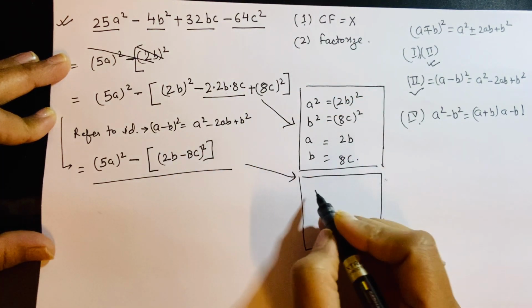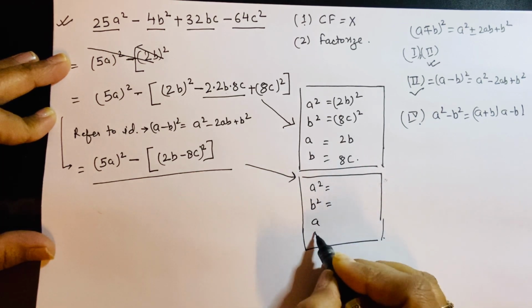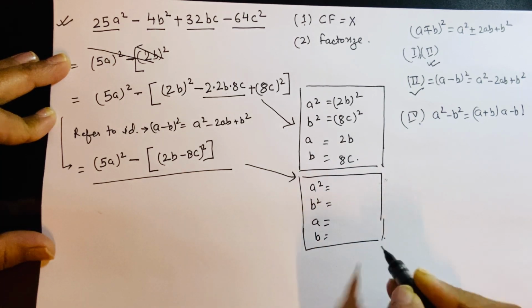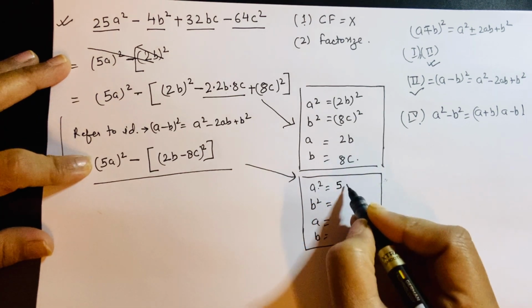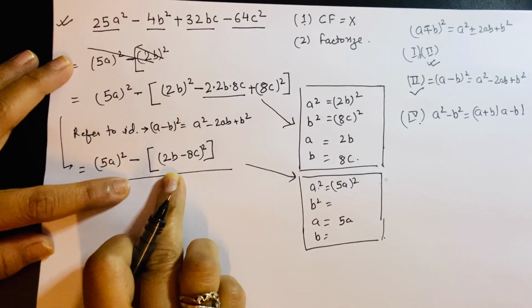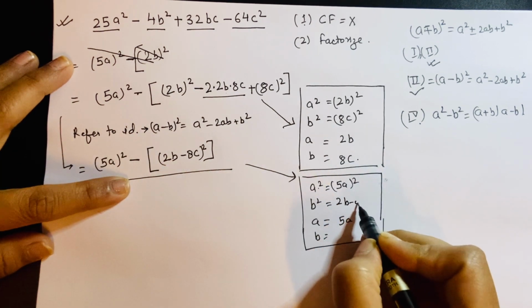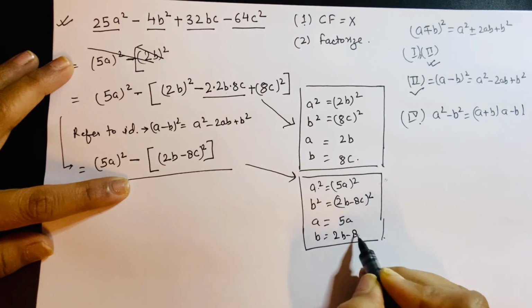So for this equation, a square, b square, a and b, because you need these numbers and you should not be making any mistakes. So what is a square here? 5a whole square. Then a becomes 5a. What is b square? 2b minus 8c whole square. So then b becomes 2b minus 8c.